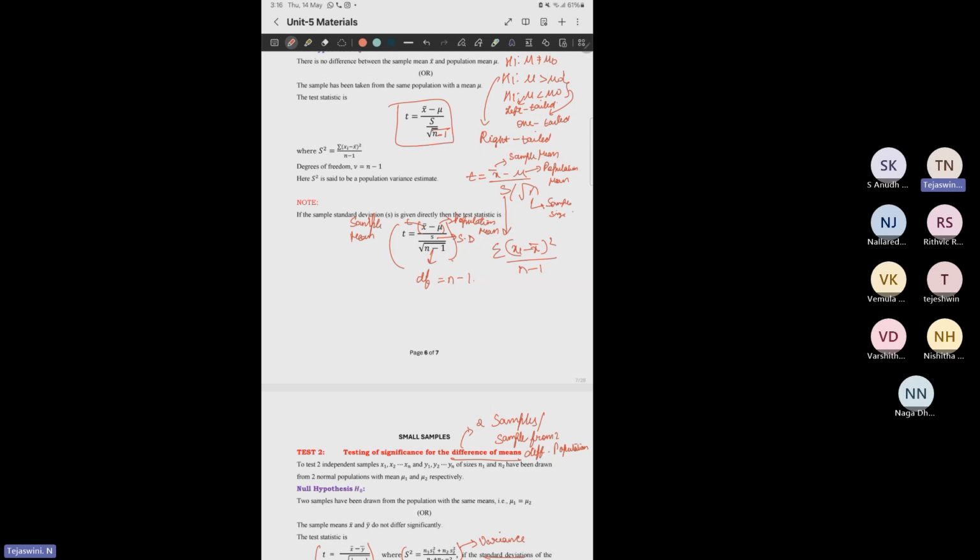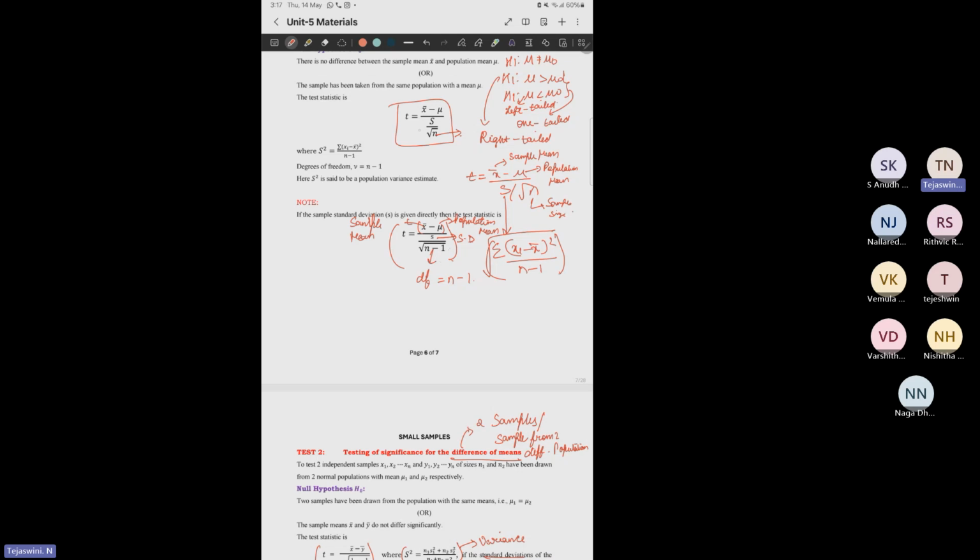No. So root of n minus 1 will be for the case when the standard deviation is given directly. If the standard deviation is not given directly, and we have to find the sample standard deviation using this formula, then it will be root n.